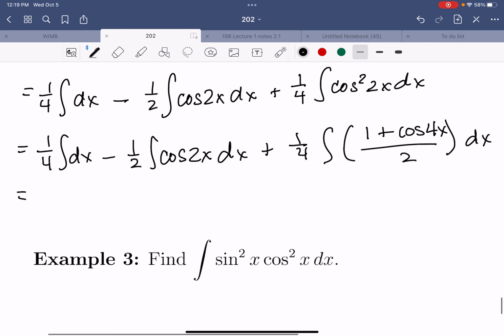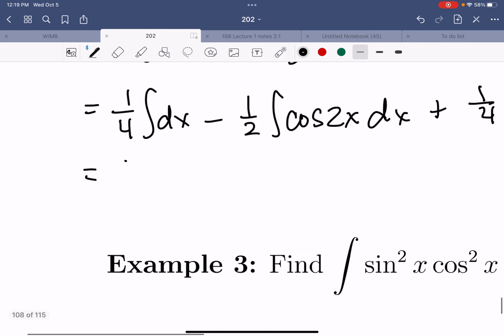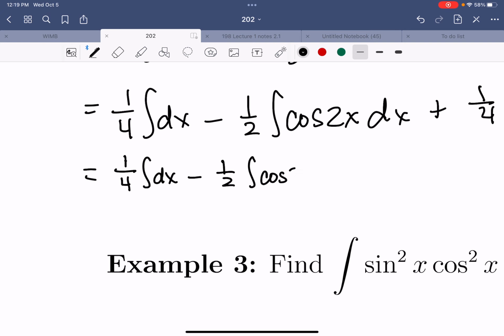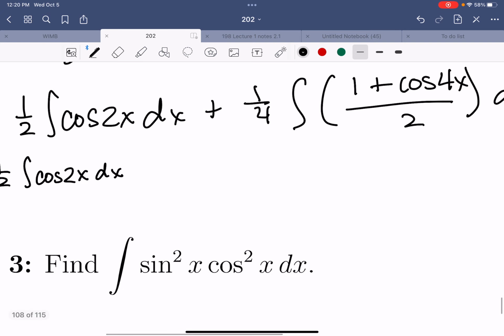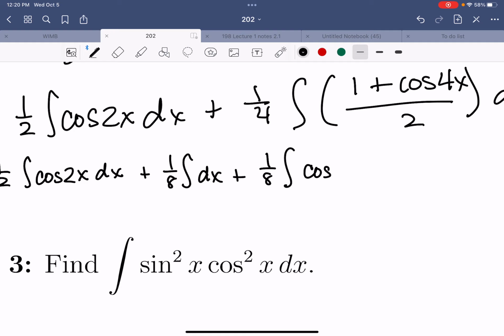So what we really get here is 1/4, and let me zoom in because I'm running out of room. 1/4 integral of dx minus 1/2 the integral of cosine 2x dx. Now I've got 1/4 times 1/2, so that gives me 1/8, and times 1. So plus 1/8 integral of 1 dx plus 1/8 the integral of cosine 4x dx.